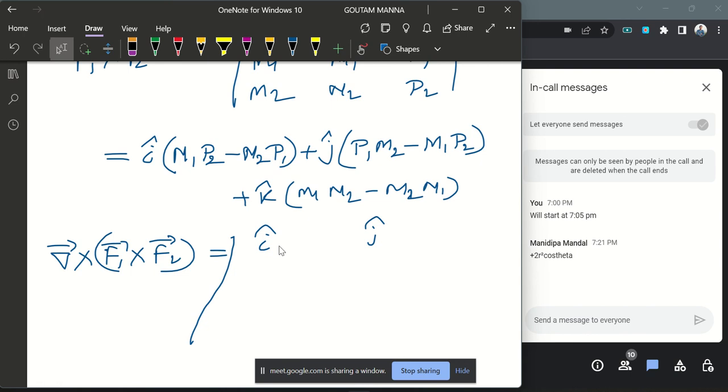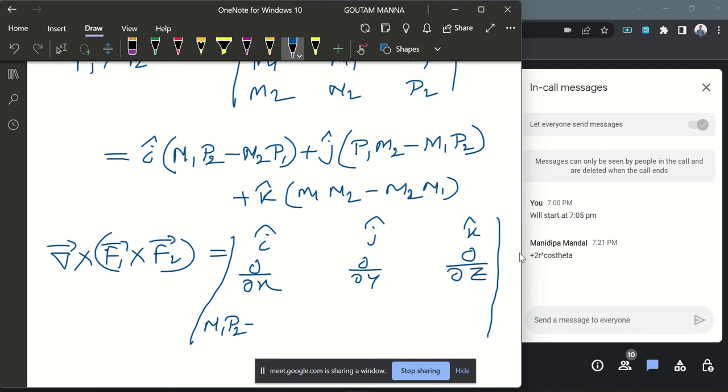So i hat, j hat, k hat, and it will be del x, del y, del z. I component is n1 p2 minus n2 p1. Y component is p1 m2 minus m1 p2, and z component is m1 n2 minus m2 n1.